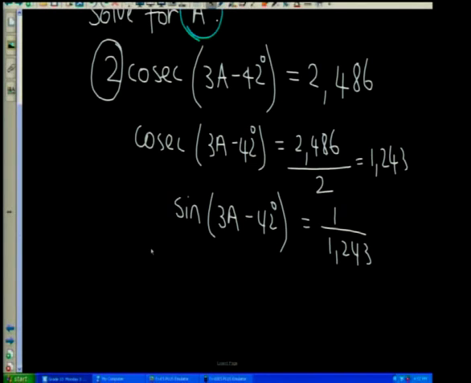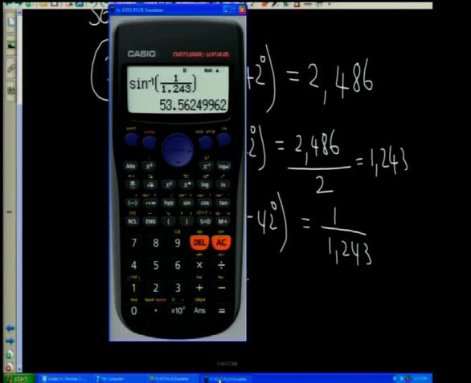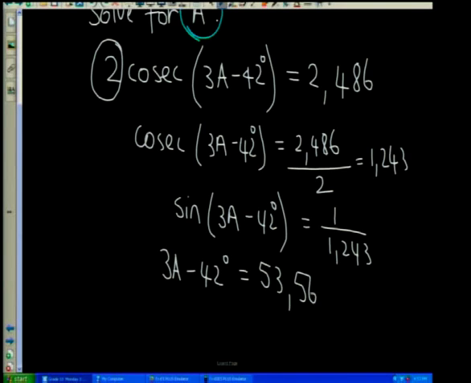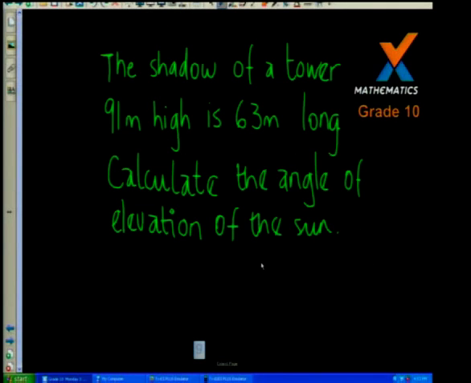So therefore, our angle of 3A minus 42 degrees, what was it again? 53,56.